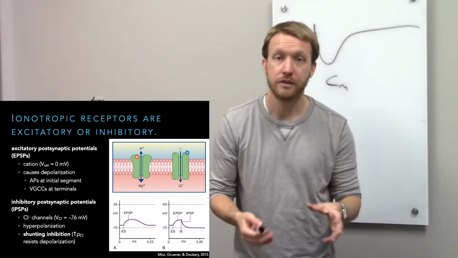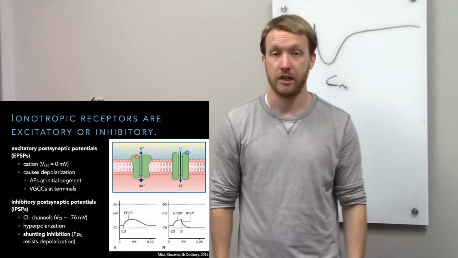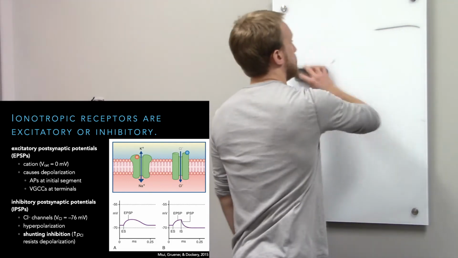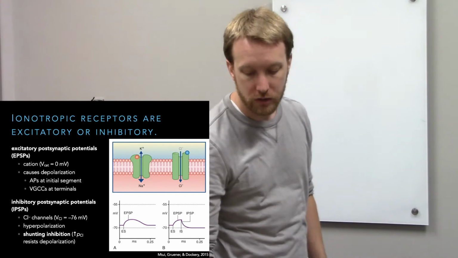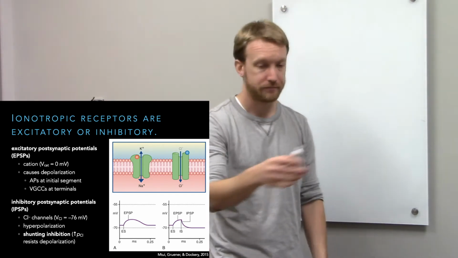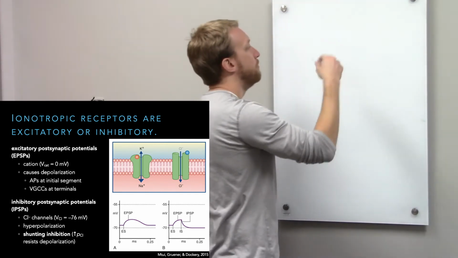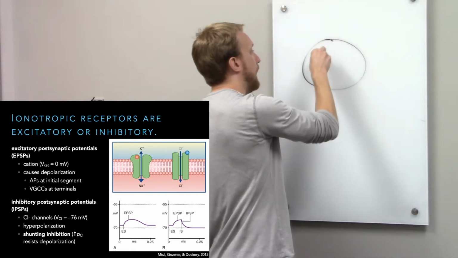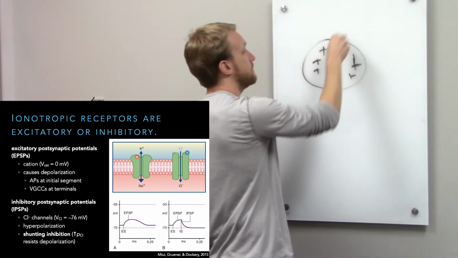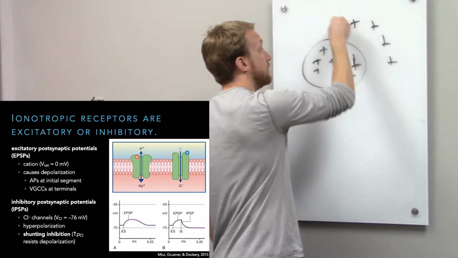For excitatory, just think about non-specific cation channels. Most excitatory ionotropic receptors are going to be non-specific cation channels, or there'll be something very close to that. There's about the same amount of positive charge in the cell, in this case it'd be potassium, as there is positive charge outside.